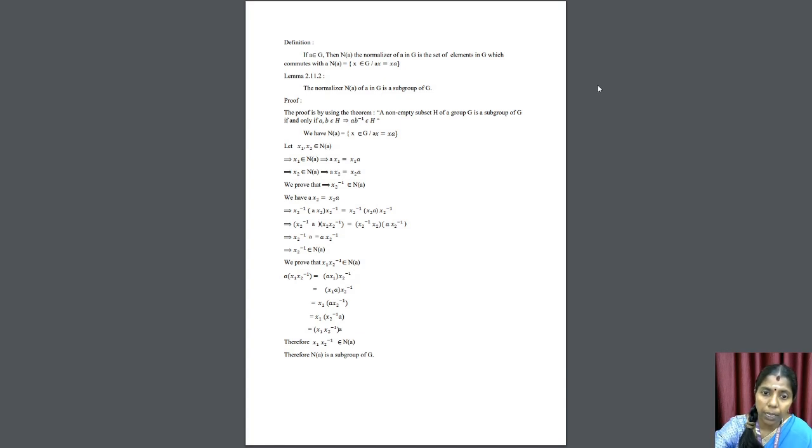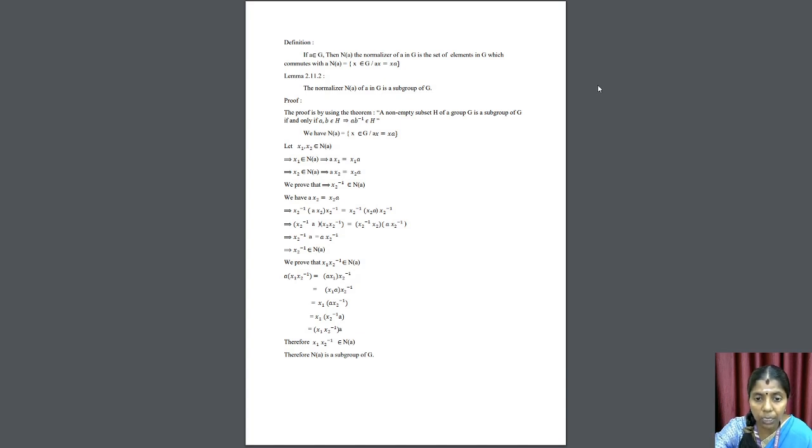Changing the brackets, associative law, that equals x1 into x2 inverse A. Therefore, by the normalizer definition, that element satisfies the condition, therefore x1 into x2 inverse belongs to N of A.